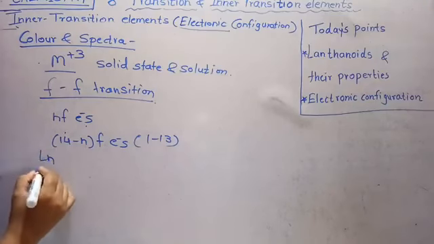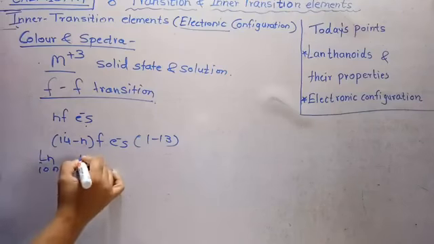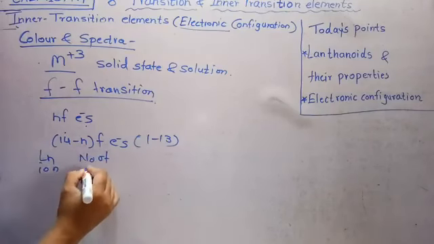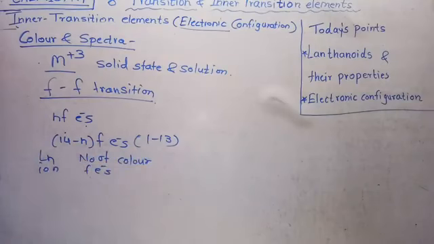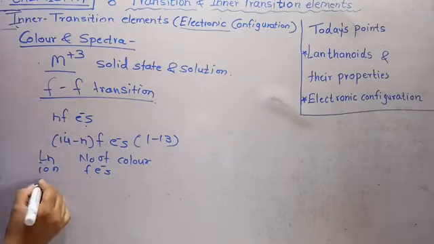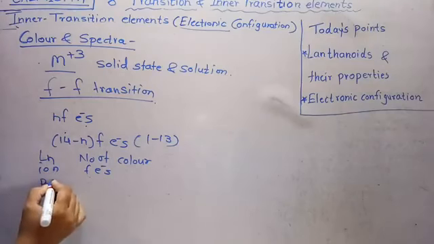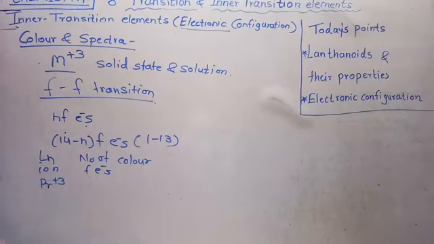There is the lanthanoid ion, number of f electrons, and color. The first pair is praseodymium in +3 and thulium in +3.